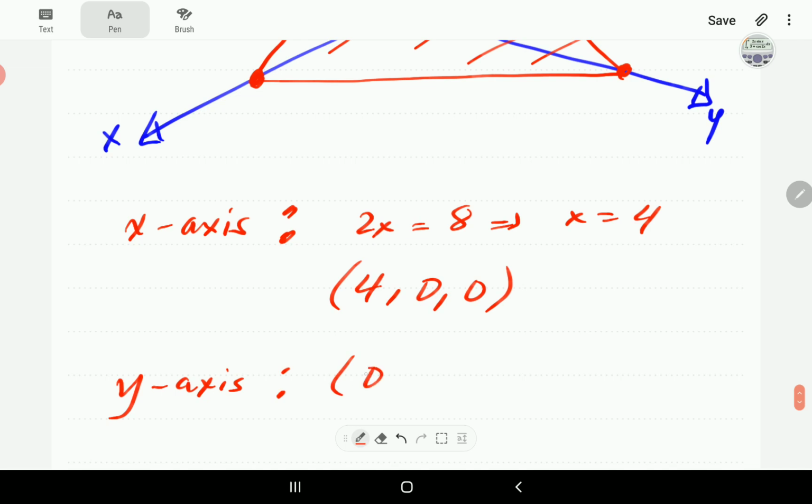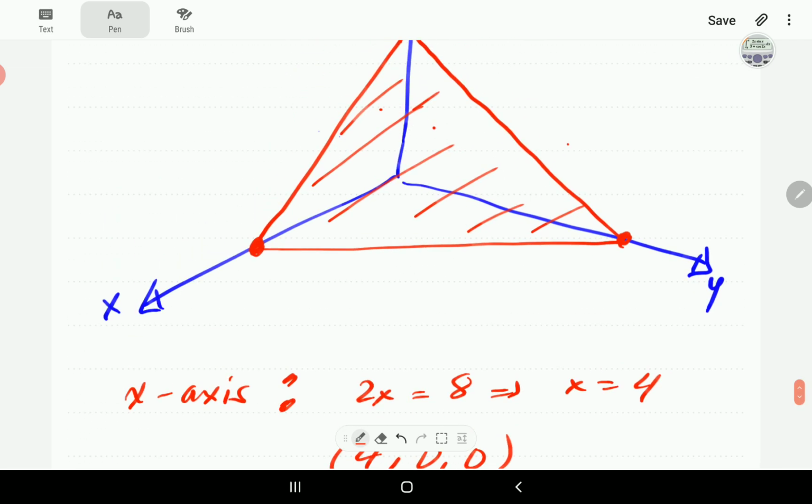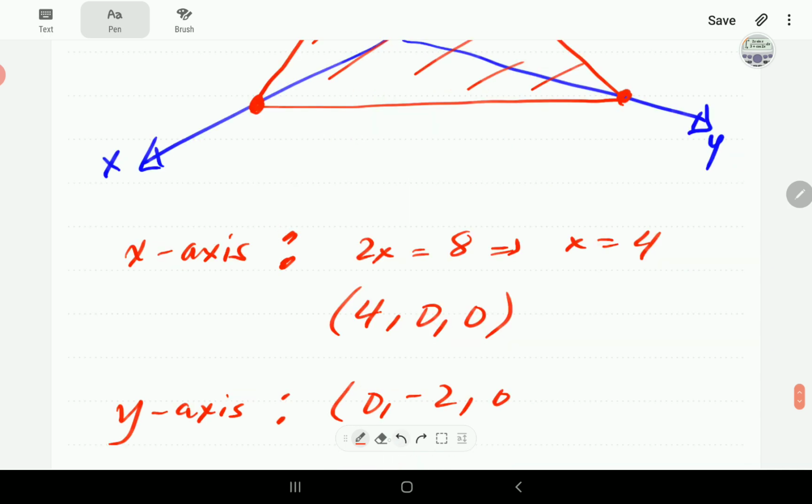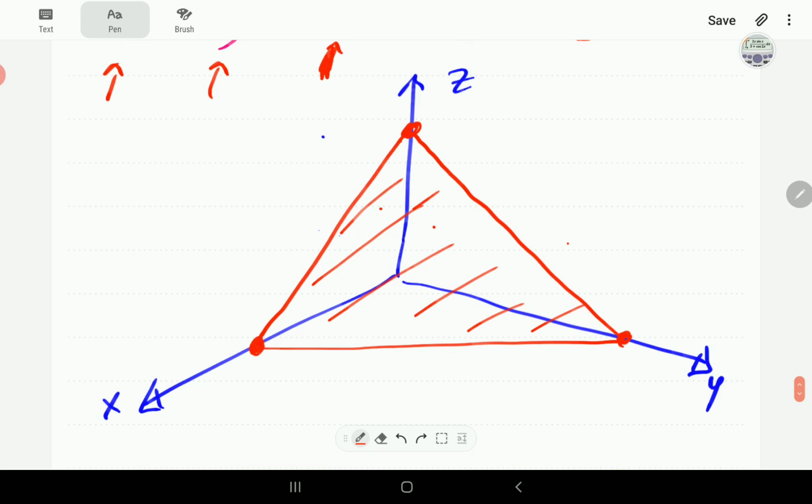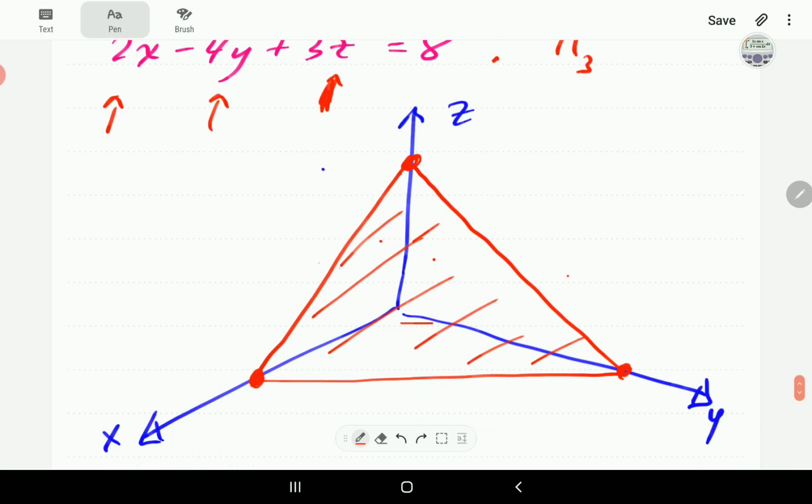So it's going to be 0, -2, 0, which means it's actually not this side, it's actually the other side, the negative side of the y-axis. And then you can do the same thing for the z-axis.